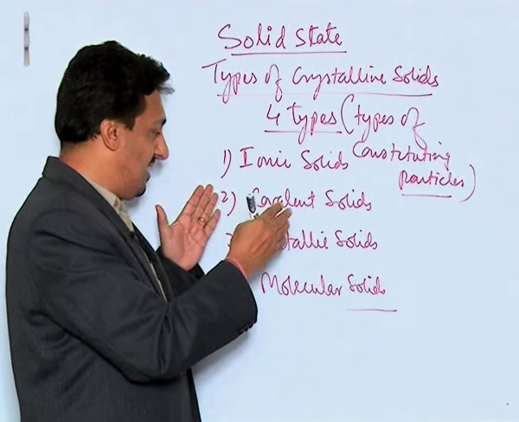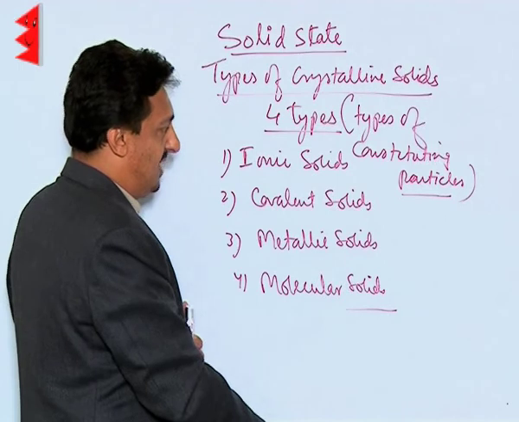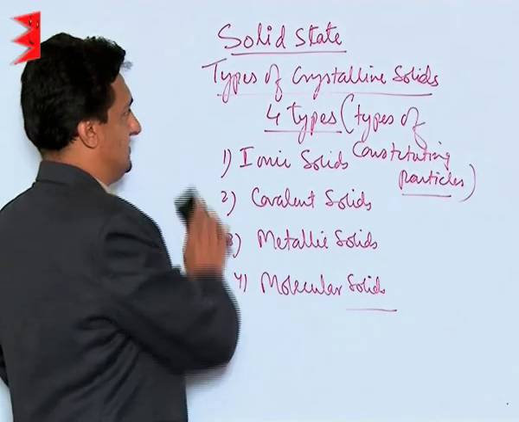So, now let us take these four types of solids one by one. Let us first take ionic solids.